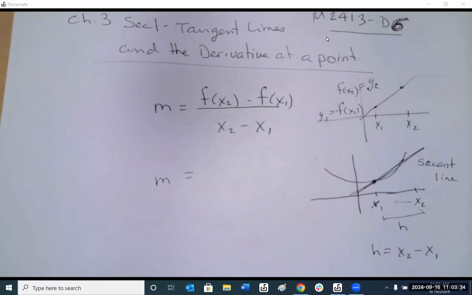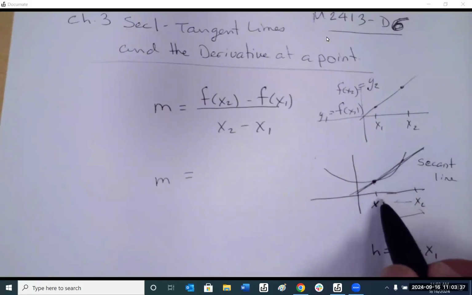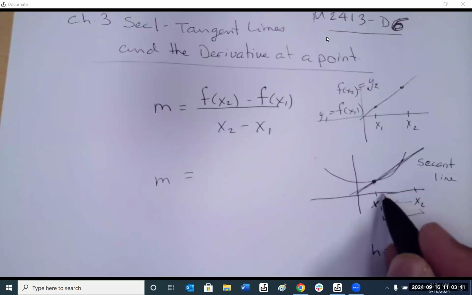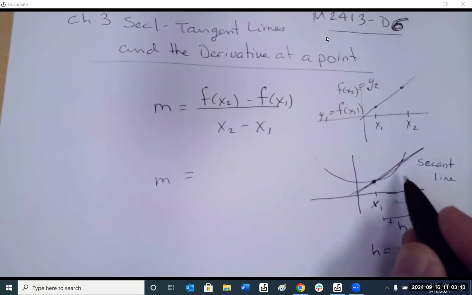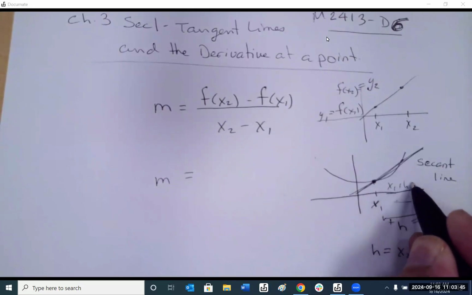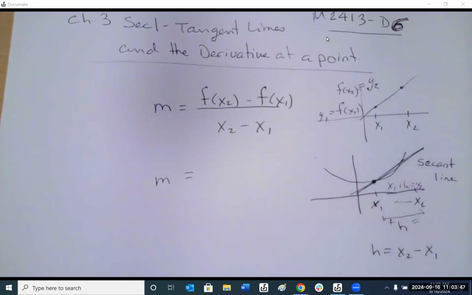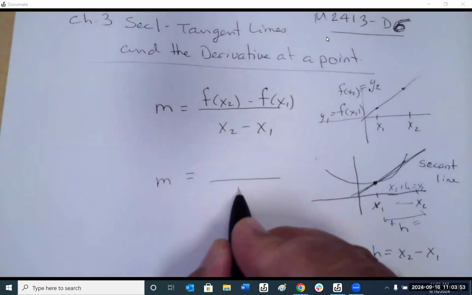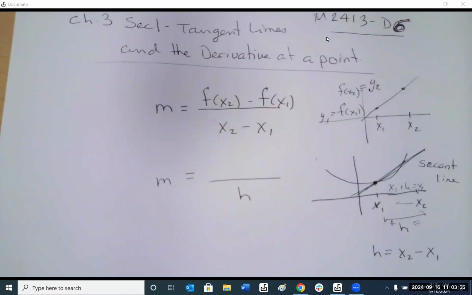Or another way you can look at it. If I start off at x1 and I add h to it, I'll get to x2. So x1 plus h equals x2. The same thing. It then derives this. So this equation on the bottom became h.